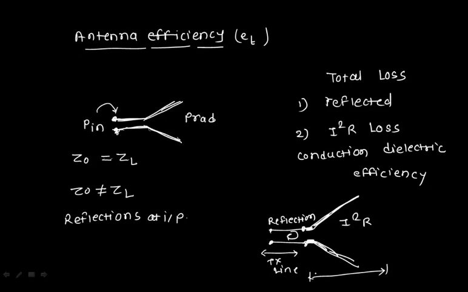So how can I calculate the total efficiency or antenna efficiency? ET is equal to ER times ECD, where I'll give you the exact idea of each term. ET is the total efficiency.